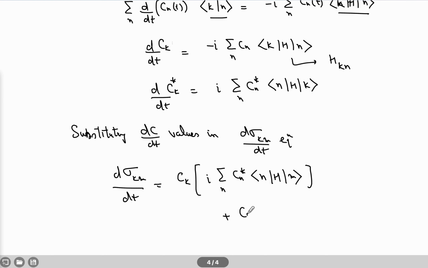Plus c_m star dc_k by dt, right? So that will be minus i summation over n c_n k h n, right? So this is what it is.